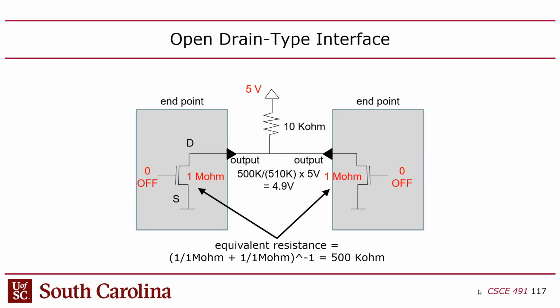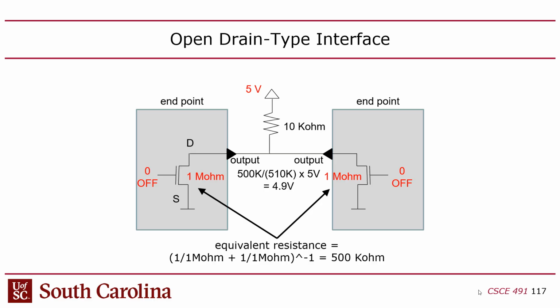If you have a 5 volt power supply, in this example I show here, you've got a 10 kilo ohm pull-up resistor, and we're assuming that these transistors in the devices, which are capable of pulling that signal down to ground, have an off resistance of a mega ohm.